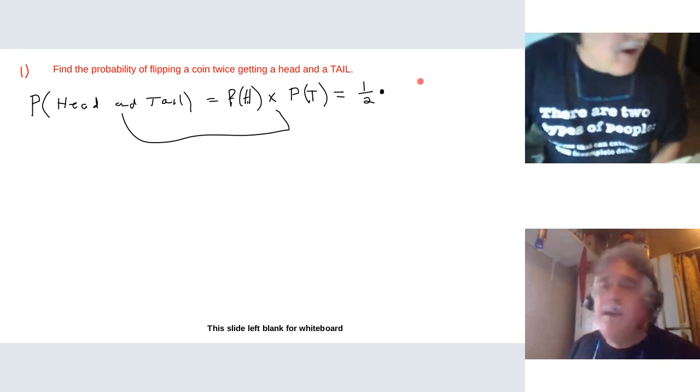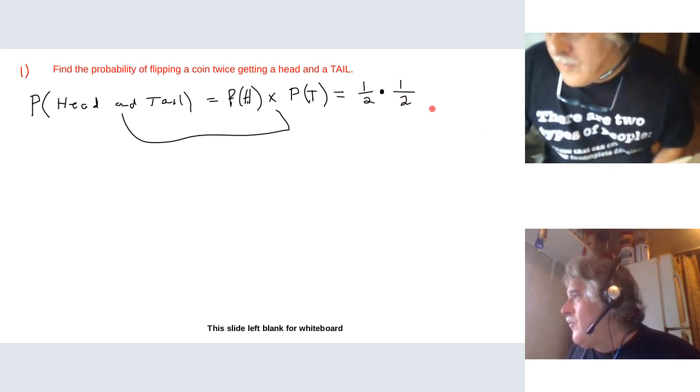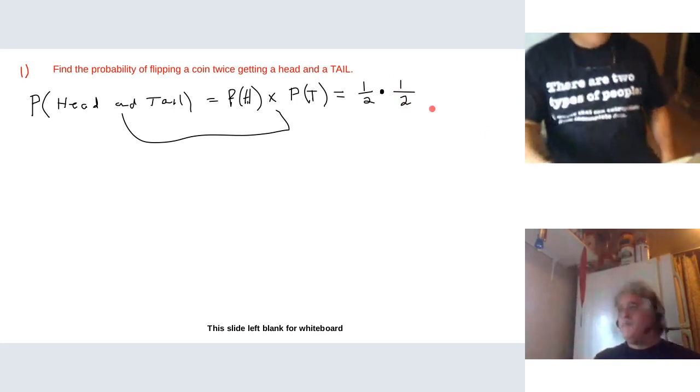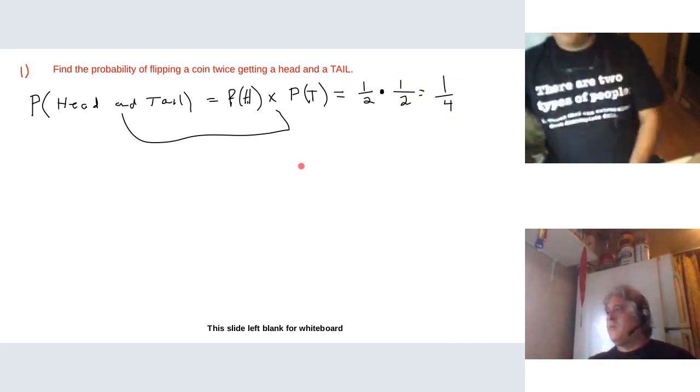Now, how many tails on there? Well, there's 2 of them. Both are probably the same. Then when we multiply, we get 1/4. 1 times 1 is 1, 2 times 2 is 4.